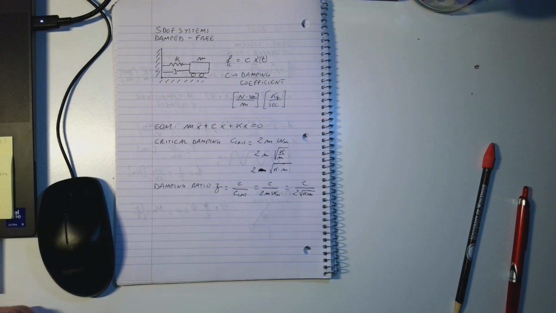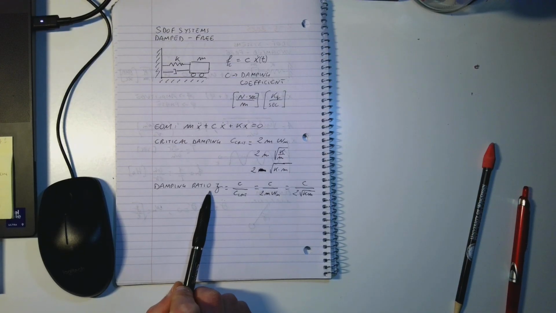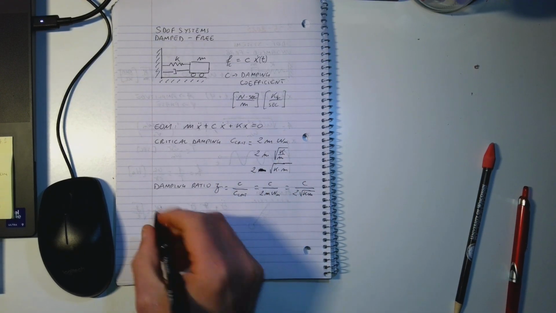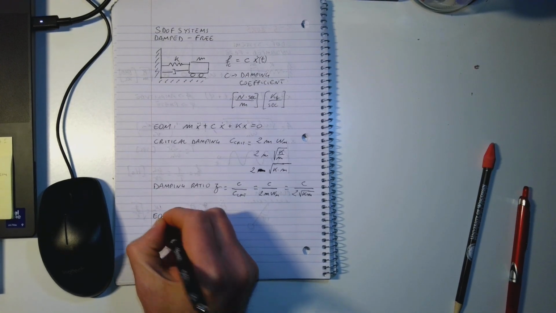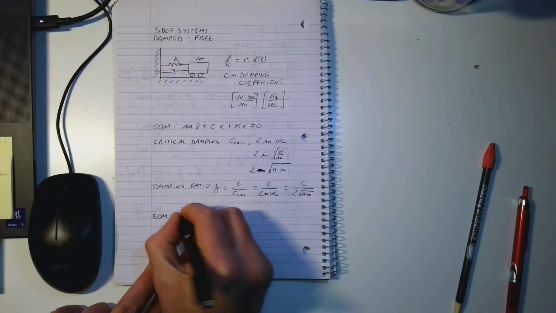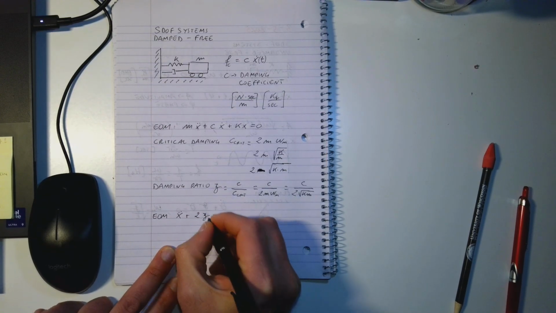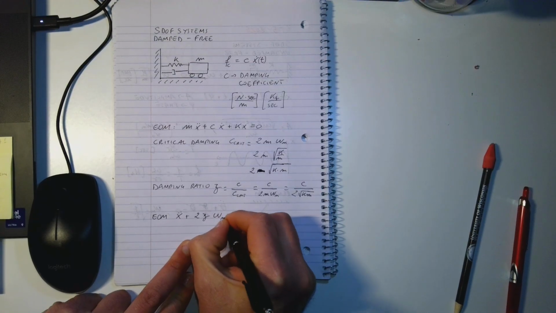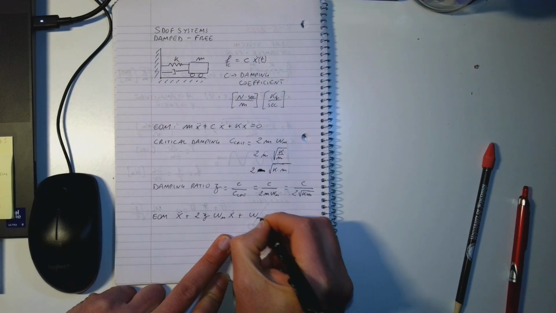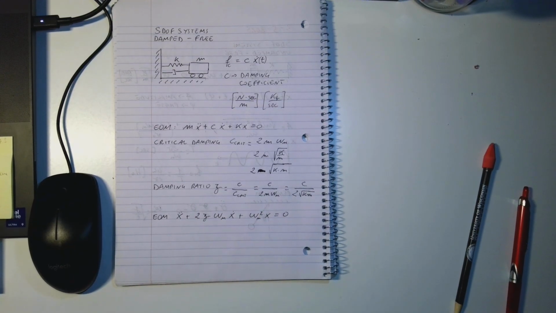Once we introduce again this concept of the damping ratio, we can actually rewrite the equation of motion, and the equation of motion becomes in the standard form as x double dot plus 2 times zeta omega n x dot plus omega n square x equal to 0.